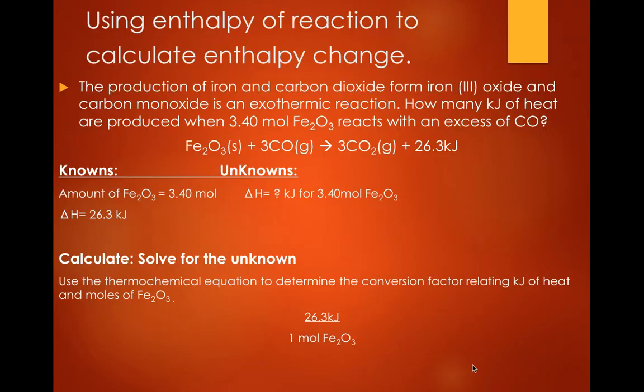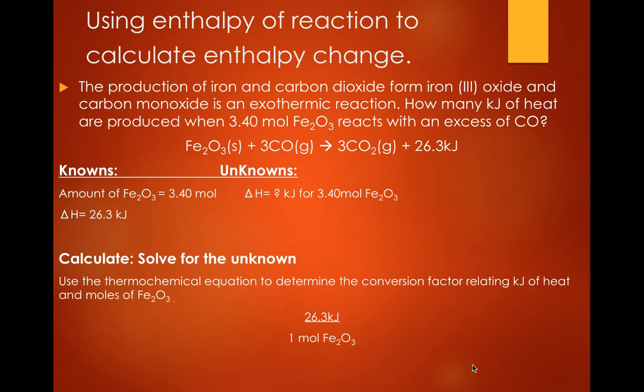Okay, so using enthalpies of reactions, we can use a little bit of stoichiometry. We're going to add that in from what we were doing before we went on this crazy break, and we're going to add it into this new stuff, so you're now a chemistry genius. So we're going to use enthalpy of reaction to calculate enthalpy change. Here is our question.